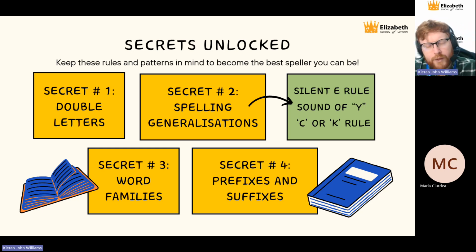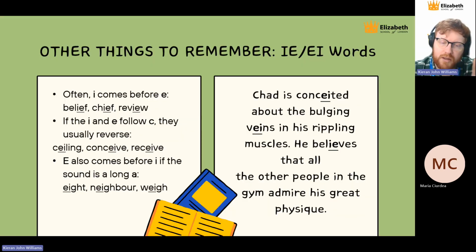We also looked at word families, and we also mentioned prefixes and stuff. Now we're going to have a look at some other things, maybe a little bit more difficult, that can help us to get our spelling completely correct in English. We are going to have a look at how we use IE or EI to give that E or similar sounds in English.